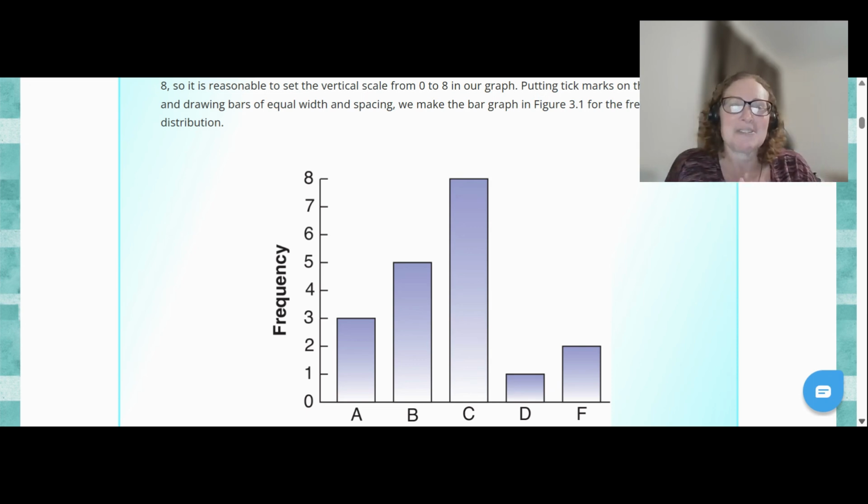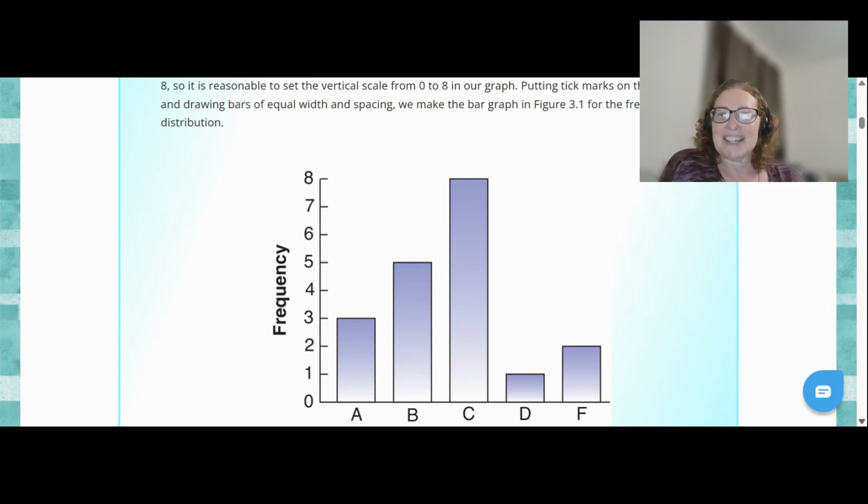We know that we're not misleading in that way. We could have gone to 10, there's a lot of things we could have done, but in this situation, we went to 8 for the frequency, and then we put the grades on the bottom, and then you see this pretty little graph that comes up from that.